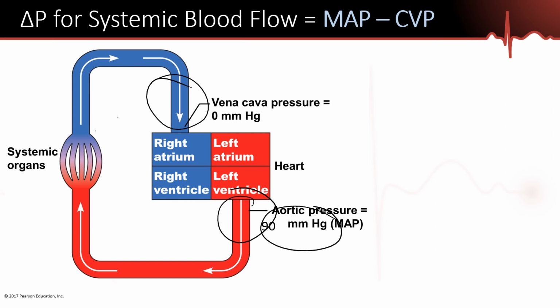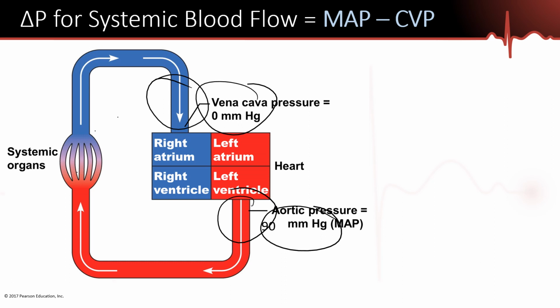Okay, that's the average. Like if you take systolic and diastolic and you average it, the average systemic arterial pressure is around 90 millimeters of mercury. The average systemic venous pressure, meaning the average blood pressure within the systemic veins, is close to zero, right?